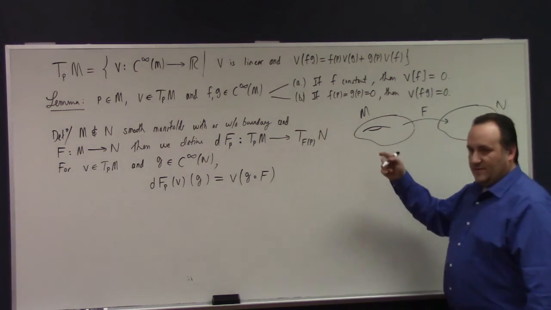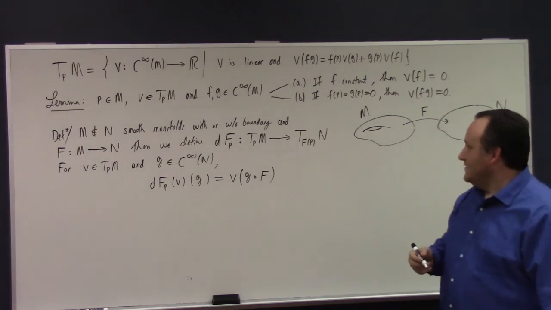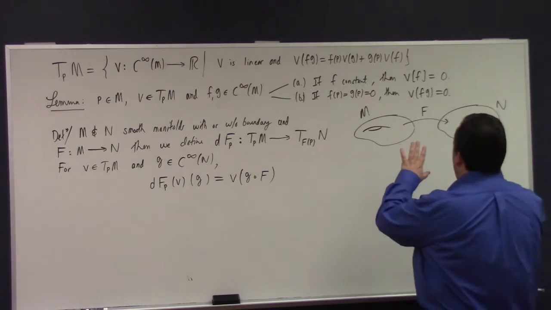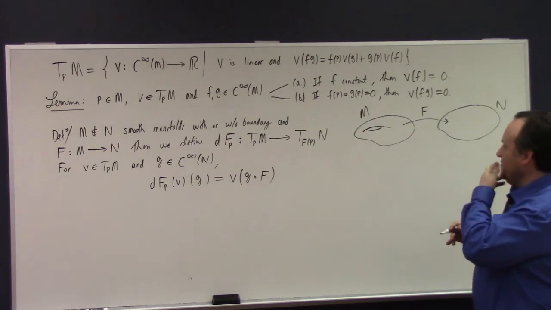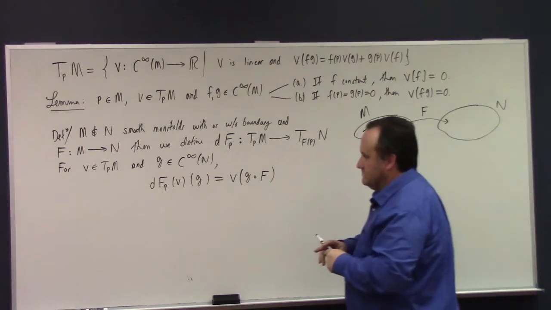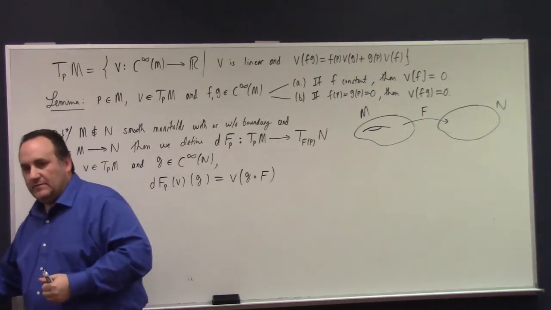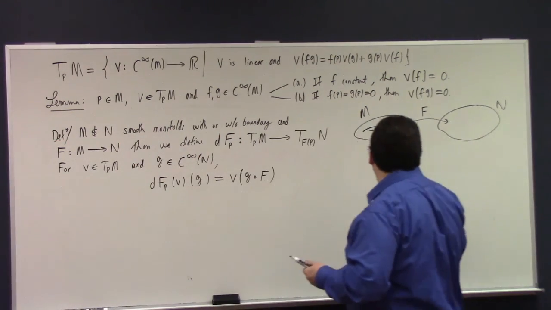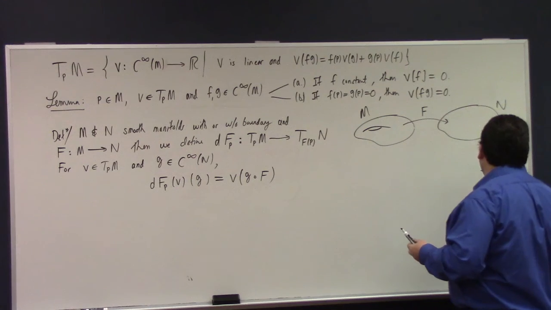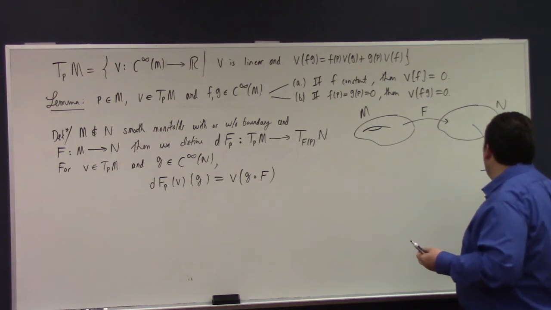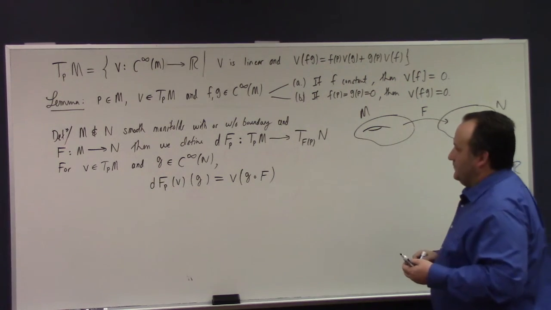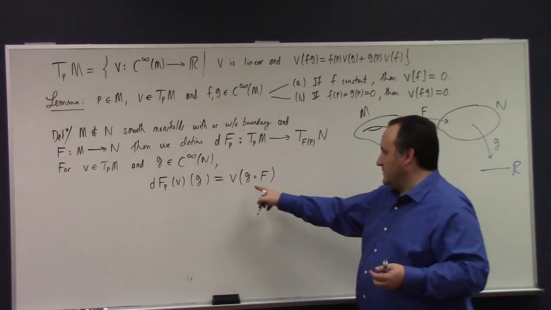So M, N, F. Where's g? g is a smooth function from N to R, right? So how about this: g composed with F. Where's that guy?